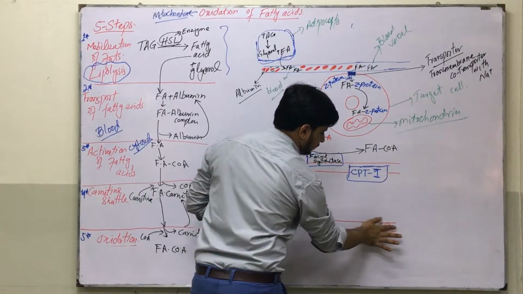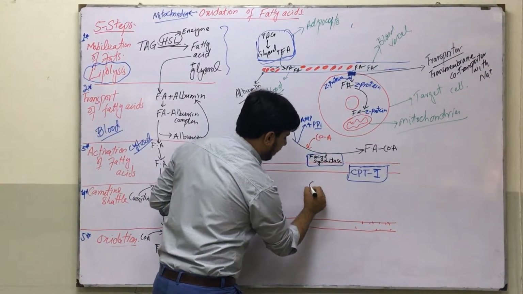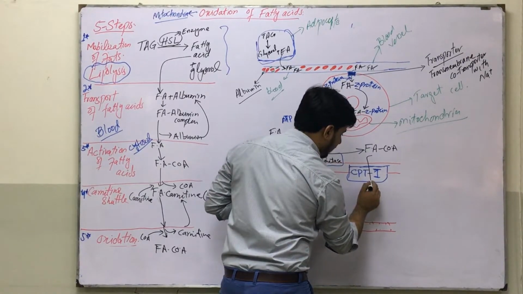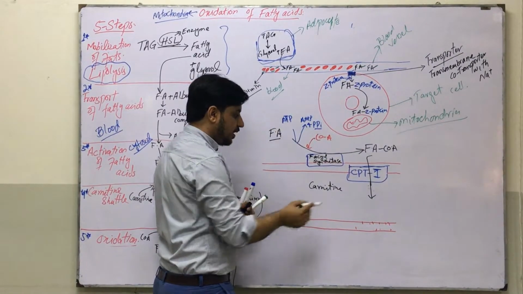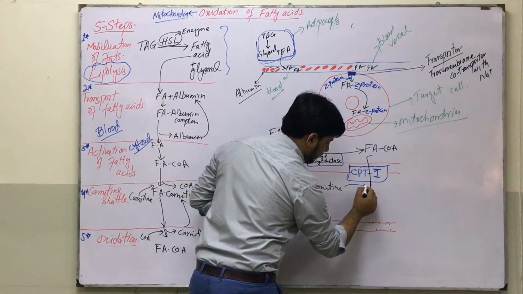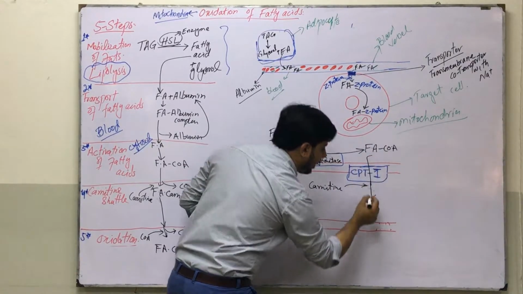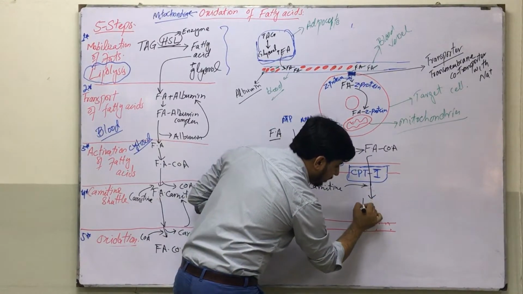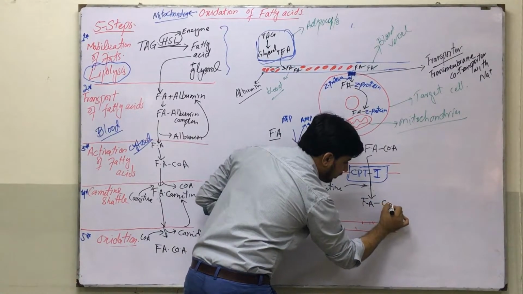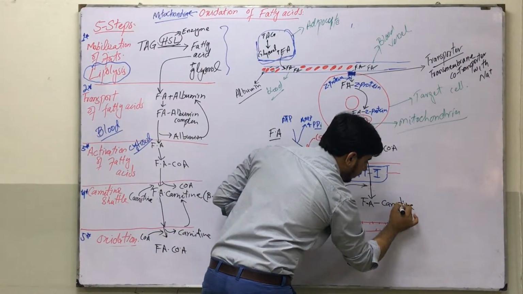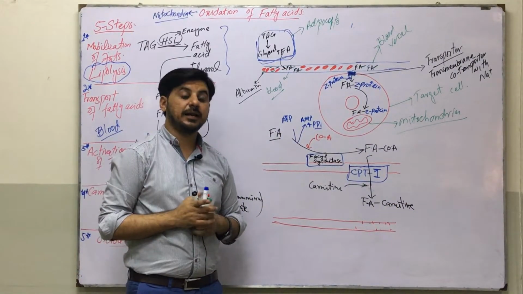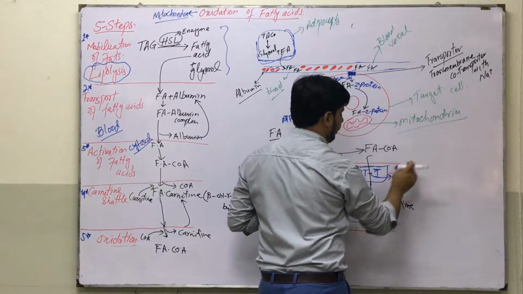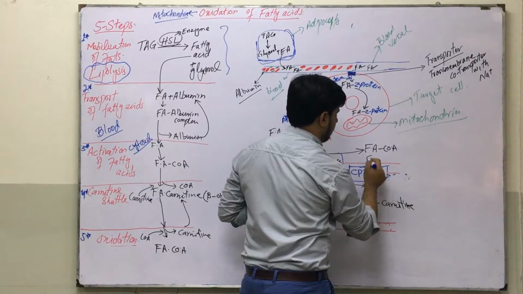Here we have carnitine, and when this fatty acyl CoA enters into the space, here this carnitine will become attached to the fatty acyl group, which will be removed from CoA and become attached to this carnitine, and there will be the formation of fatty acyl carnitine. And CoA will be removed.